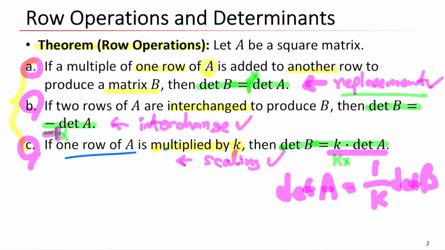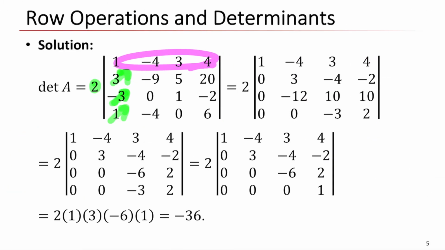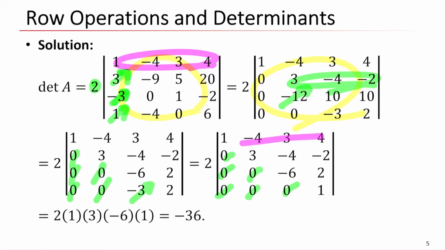From this theorem, the determinant of this one will be exactly the same as this one. Then what I want to do next is remove this one by using this one, so it will be something like this, then something like this. Okay, now we have the echelon form of the original matrix A.